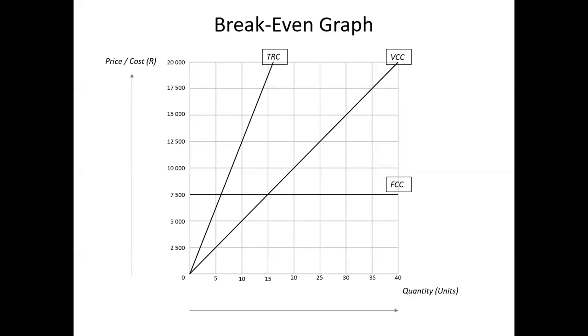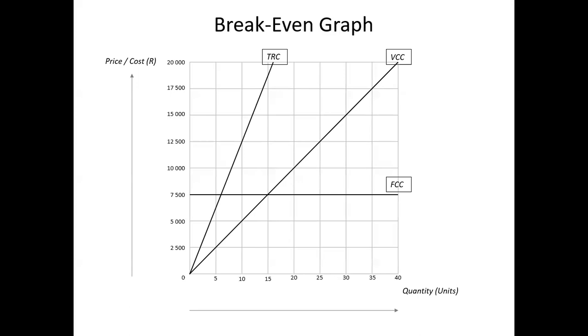And the fixed cost, in this case, remains constant at 7,500. Think of that as salaries that you have to pay, water and electricity, telephone expenses, things like that, that you will have to pay whether you make anything or sell anything or not.